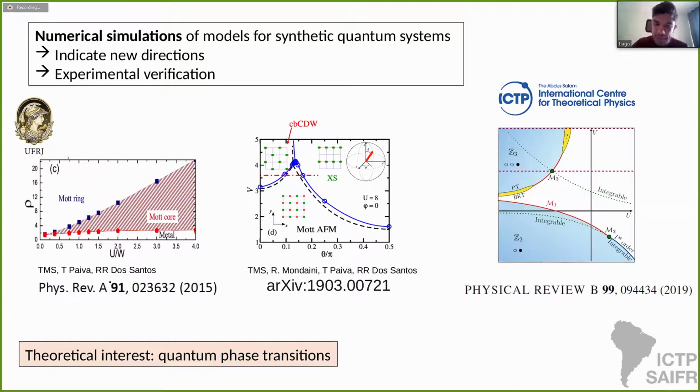I won't enter into the details of these works, but one key aspect is that we try to trace ground state phase diagrams, temperature equal to 0 phase diagrams, of these models. And one theoretical interest of these works is to study quantum phase transitions. But I don't want to focus on these works. It is just to mention one aspect of the work I've been doing since my PhD.